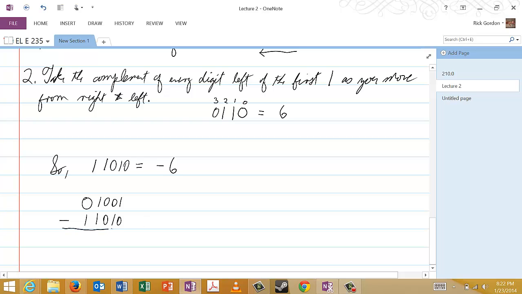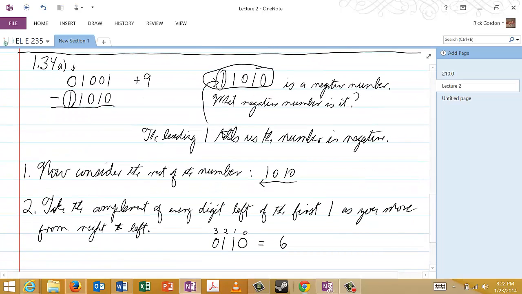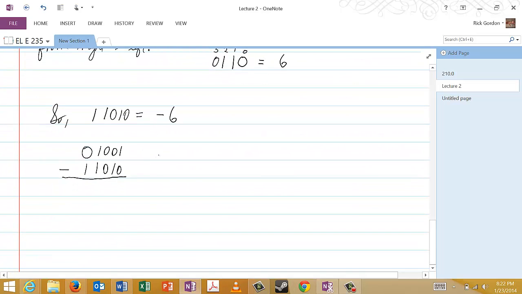This is what we want to do. And we have found out that the first number is positive 9. And then we're going to subtract from that a negative 6. This is what we're doing. And of course, we know that our answer should be 15. But let's see if this is correct.